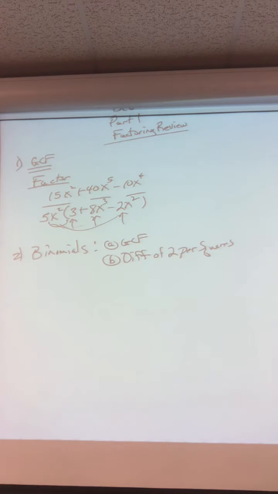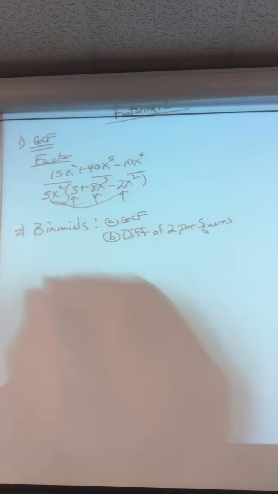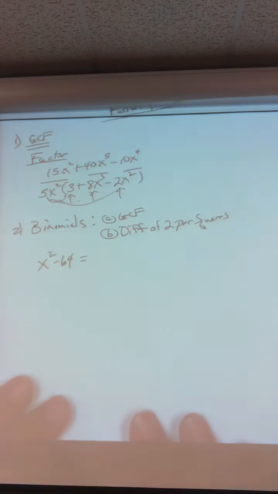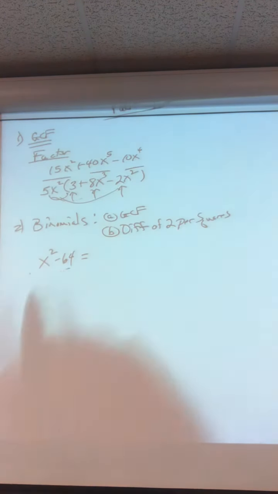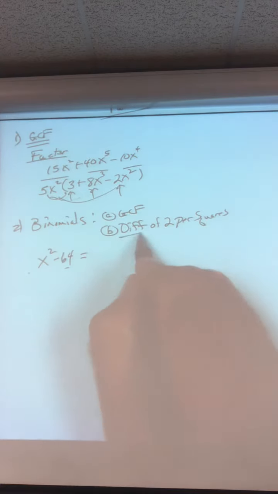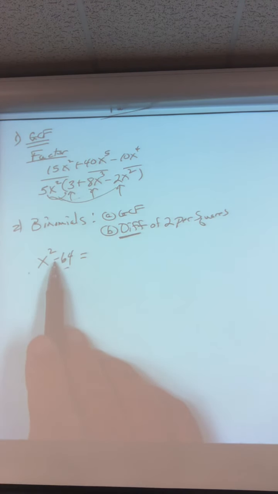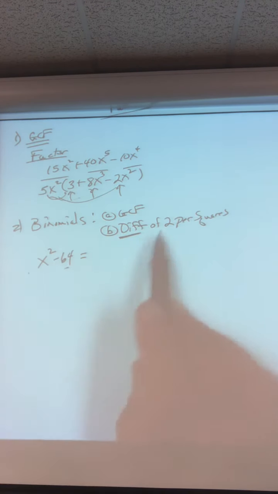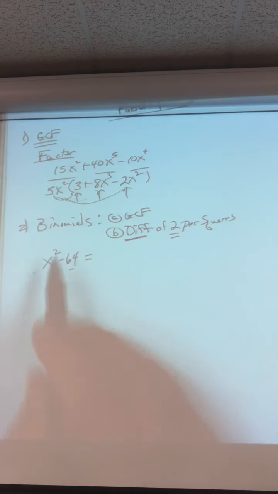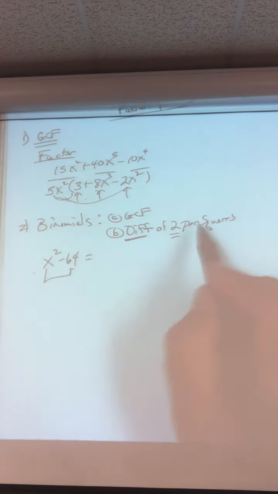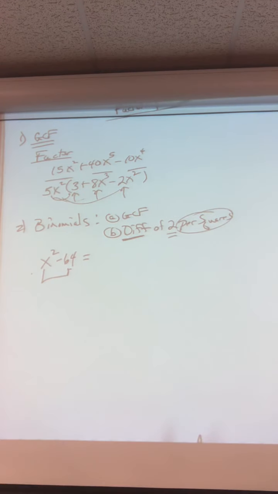Let me show you an example of the difference of two perfect squares. This one right here, x squared minus 64. There's no GCF. This is the difference. That means it's got to be subtract. Of 2 means it's got to be a binomial. And then they have to be perfect squares. Now, what is a perfect square? A perfect square is something that, if you break it up, one way you can break it up is something times itself.